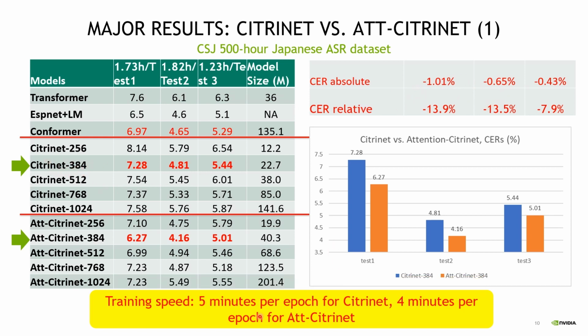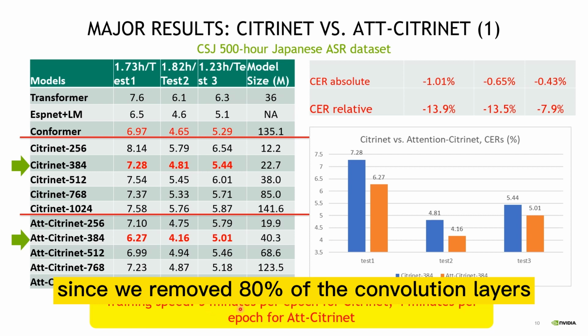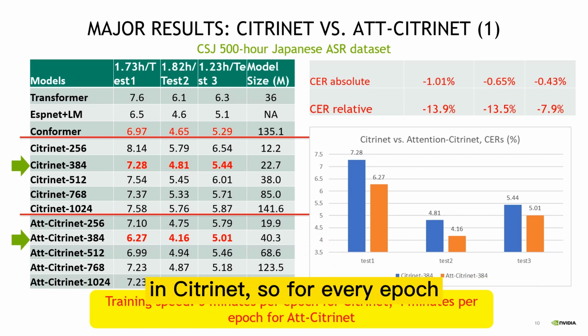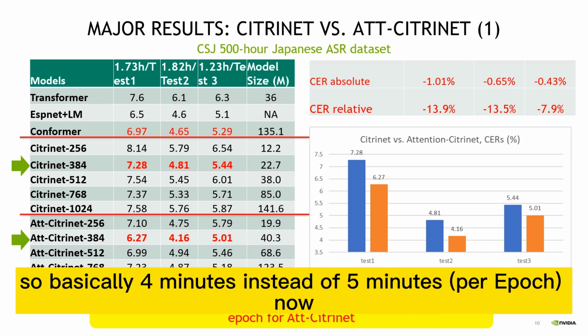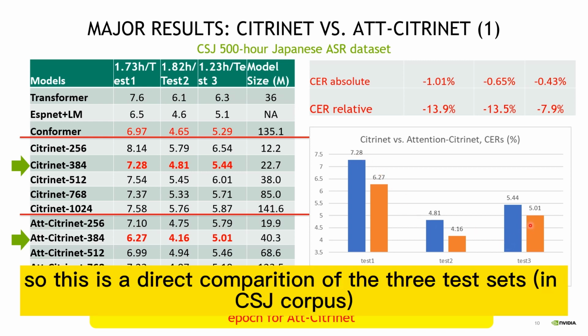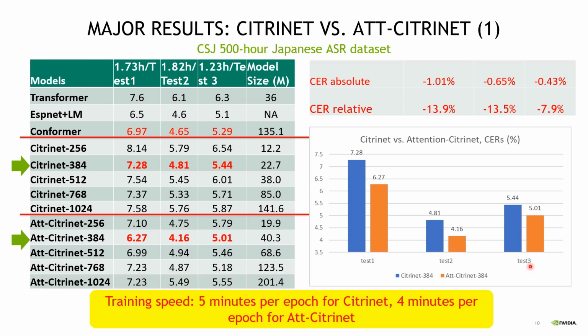Also, since we removed 80% of the convolution layers in Citrinet, the training time for every epoch is only 80% of Citrinet's, so basically 4 minutes instead of 5 minutes now. This is a direct comparison on the three test sets of the CSJ dataset.